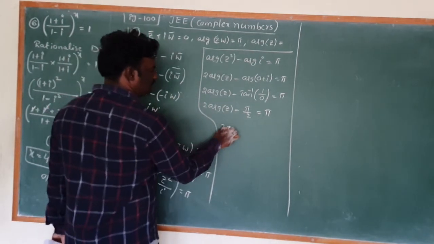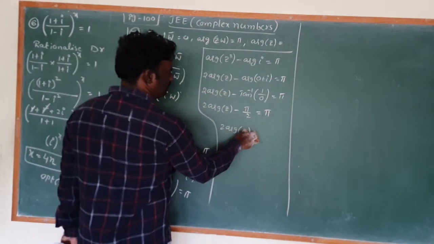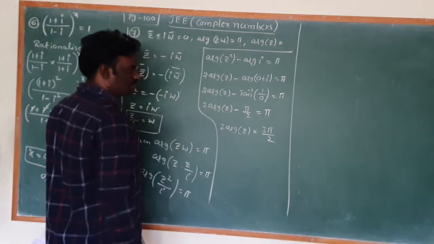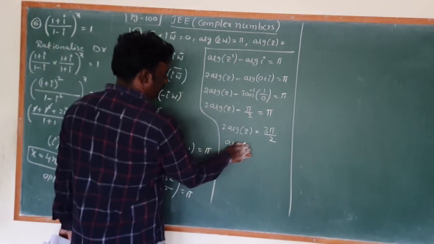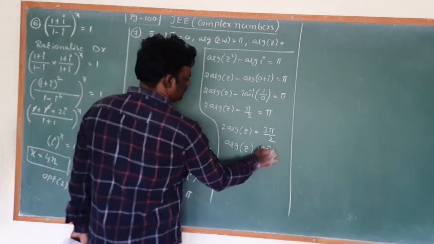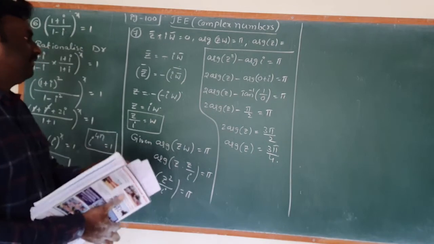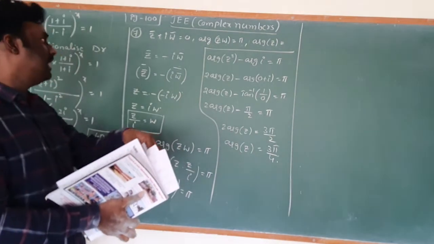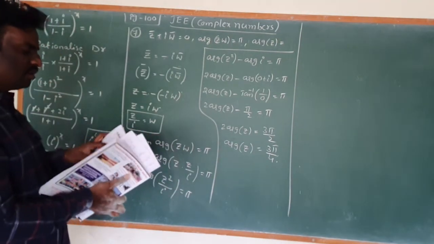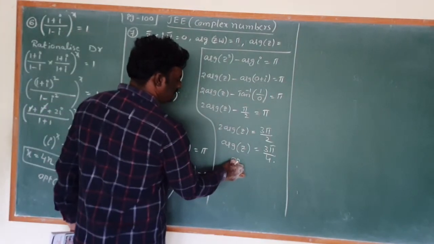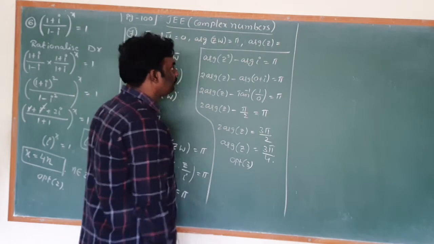Then 2 into argument of z equals pi plus pi by 2, that is 3 pi by 2. Send 2 to that side. Then argument of z is nothing but 3 pi by 2, 2 is 4. Therefore, the final answer is 3 pi by 4 for this question number 7. That is nothing but option 3 is the correct answer.